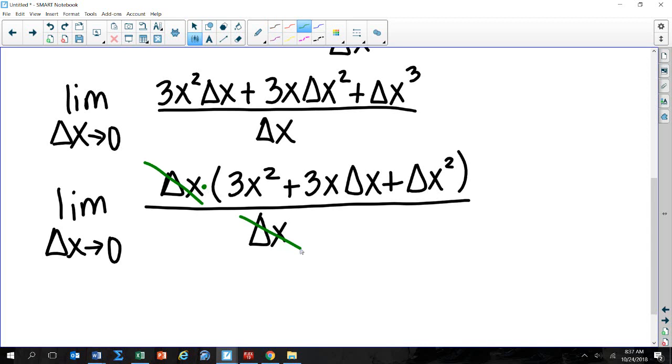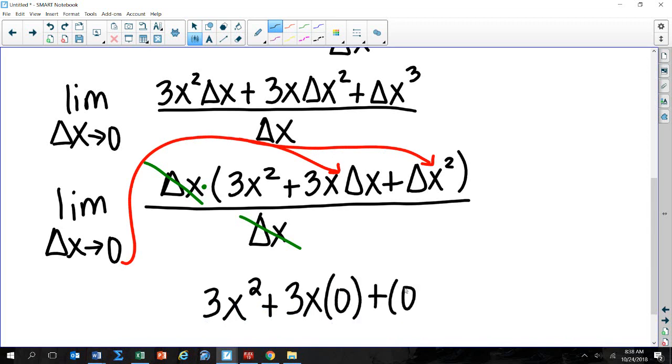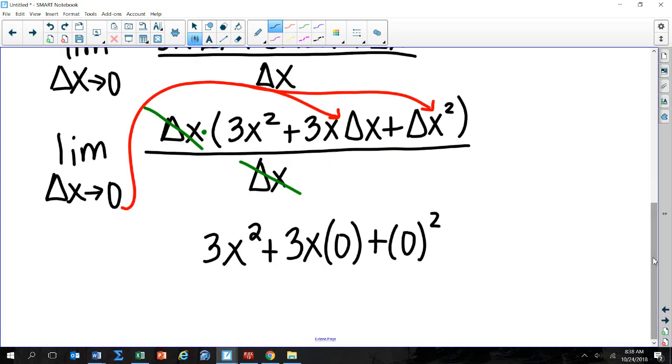At this point, I can plug in 0 for my delta x's. So I end up with 3x squared plus 3x delta x, which is now 0, plus delta x squared, which is now 0. So what am I going to end up with? Just 3x squared.